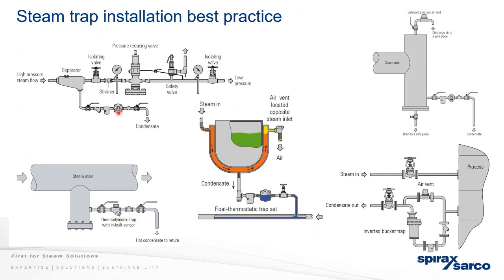And then you have things like a pressure reducing station. Again, you want to clear as much condensate as possible to protect this equipment, so you have another flow trap there. And on the end of a main line, you have a balanced pressure air vent trap set. On this particular one, that looks like it's a fast connector, but it's probably a flow trap too. And your drain point. And an inverted bucket at times on process here too.